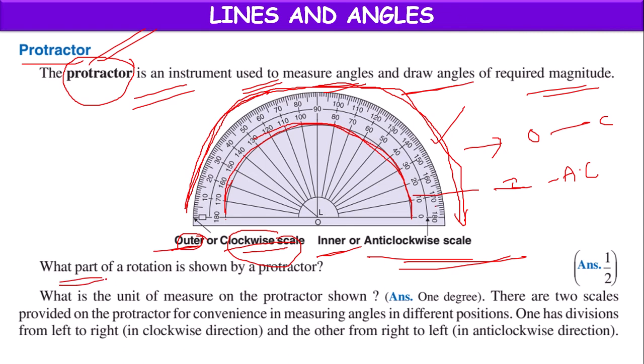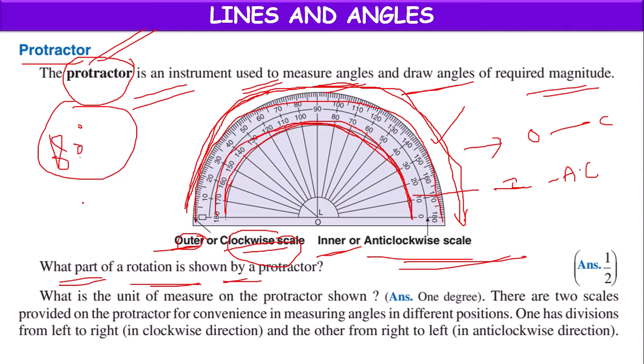So here, what part of rotation is shown by protractor means it has in clockwise direction moved from 0 to 180 degrees, or in anti-clockwise direction it has moved from 0 to 180 degrees. Means it has covered a total angle of 180 degrees, which is 1 by 2 of 360 degrees. Means one complete rotation stands for 360 degrees.